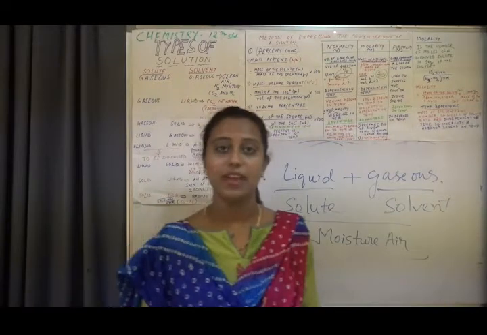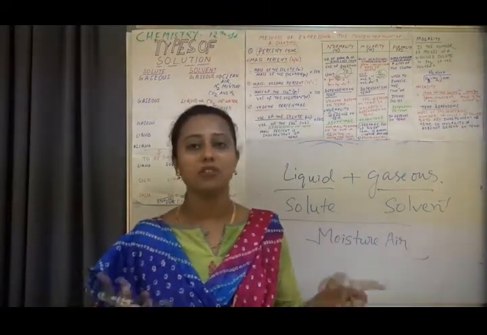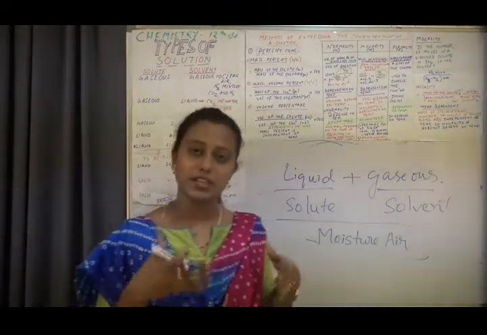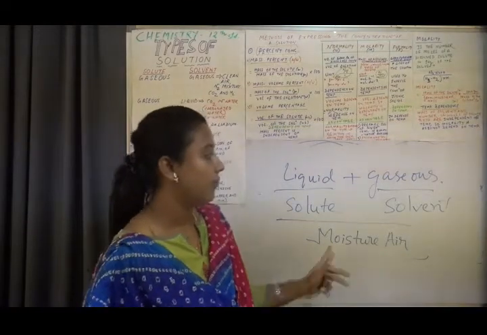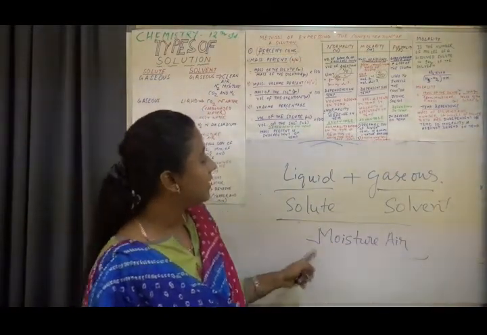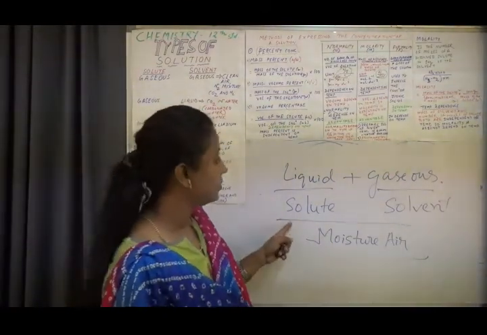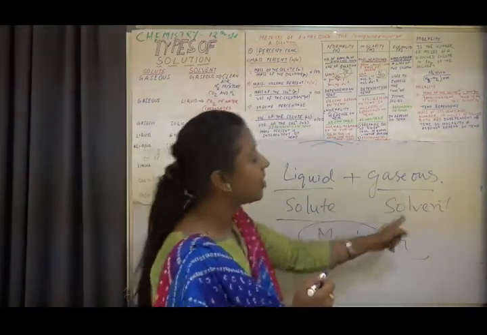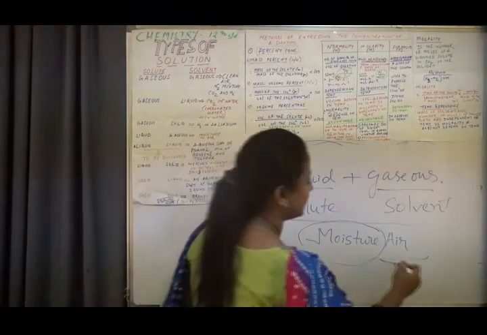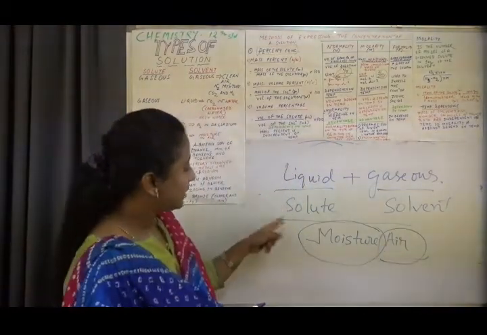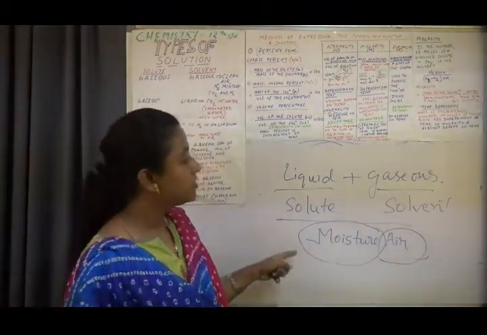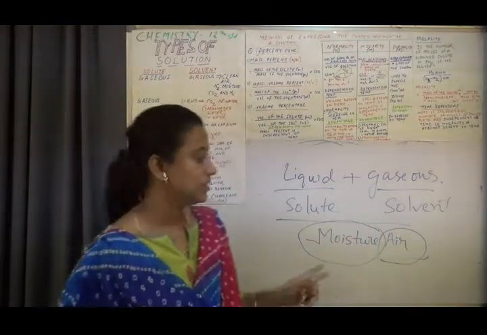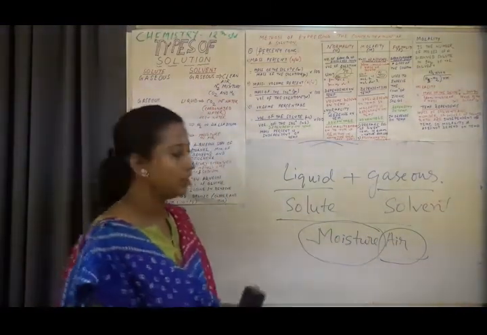For this reason, the extra water from our clothes cannot enter into that gaseous component. So moist air is an example of a solution in which a liquid is dissolved in a gaseous component. Here the liquid is the water vapor which is dissolved in the air. So this is an example of this type of solution.